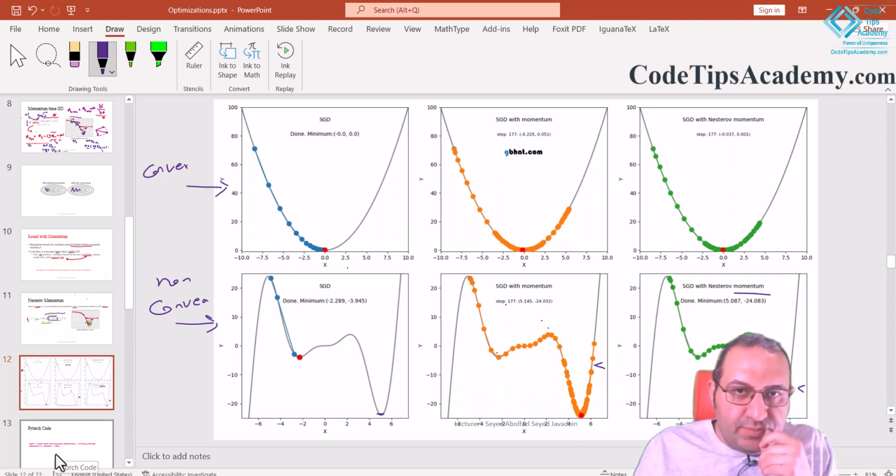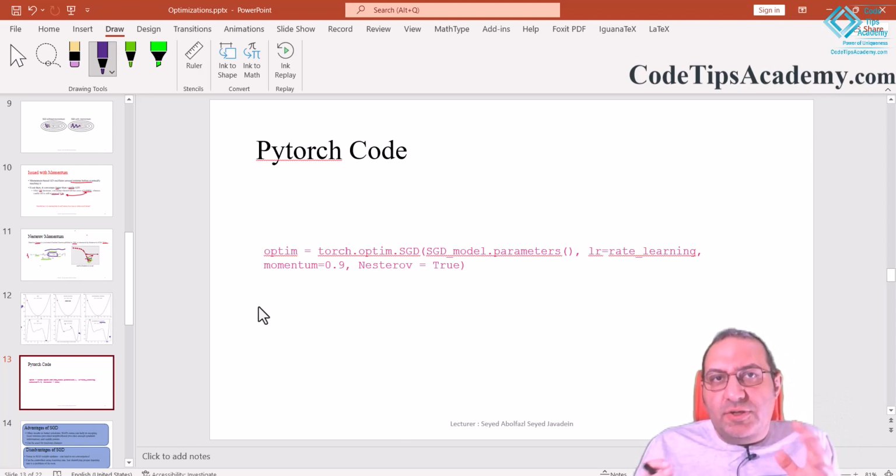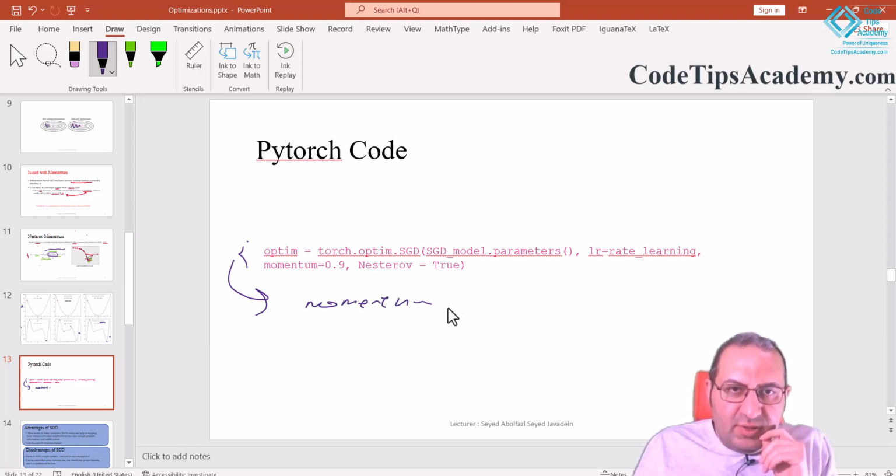You can see here the PyTorch code. I record videos to do many amazing projects for you, but here, after speaking about Nesterov momentum, this is the PyTorch code for using momentum SGD, vanilla SGD, and Nesterov momentum SGD.